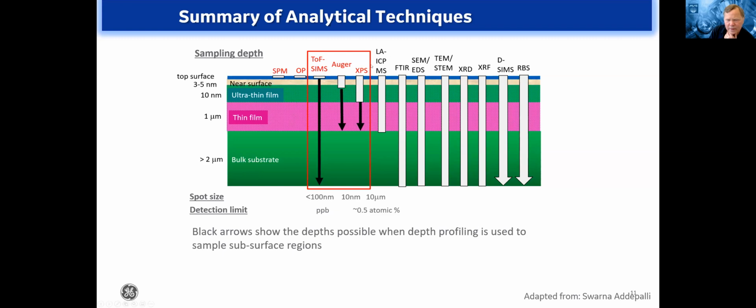And again, as we mentioned on the previous slide, many of the other techniques are sampling much deeper than what we consider to be the surface. So we always have to keep in mind, what is the thickness that's expected for the materials that are to be analyzed? And then is one technique in particular the most appropriate, or should we pivot elsewhere?